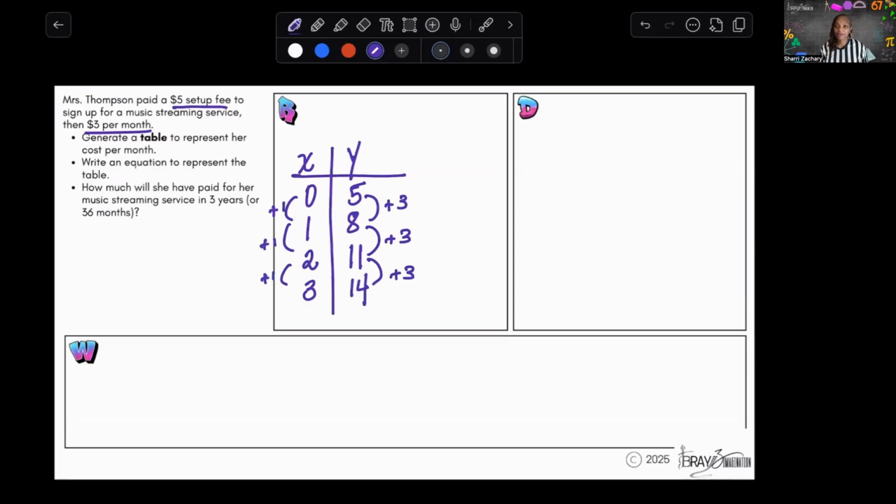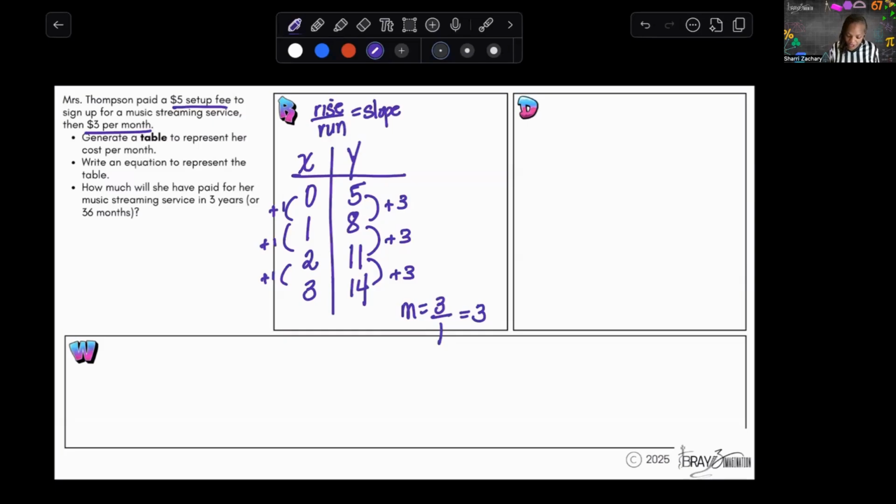So it checks out that my slope is 3 over 1, which is 3. And I just applied the rise over run. So that's one of my rules to get my slope. All right, I generated my table.